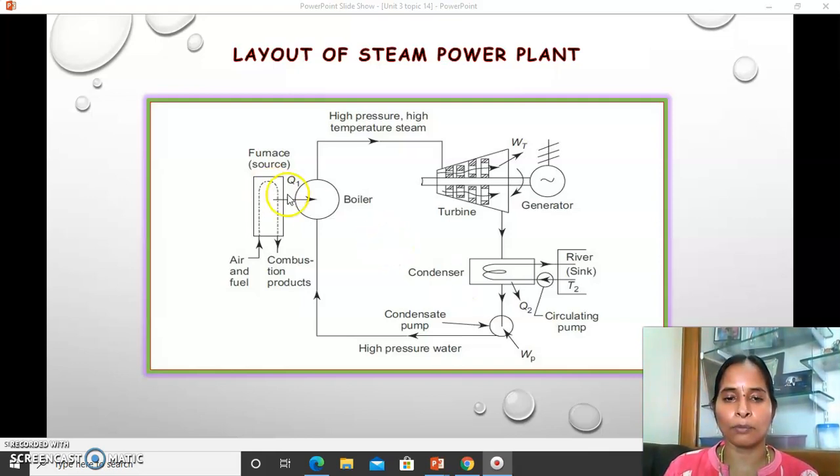Okay, so boiler, turbine, condenser, the water pump, these are the four very important, vital parts of a steam power plant.